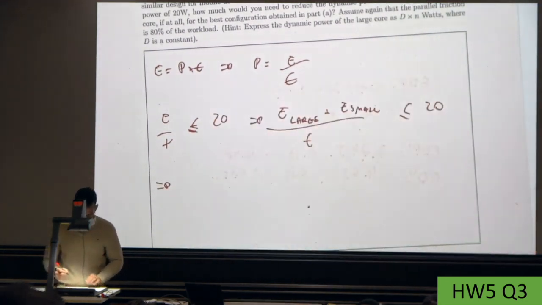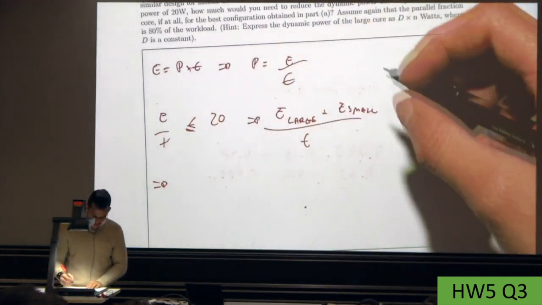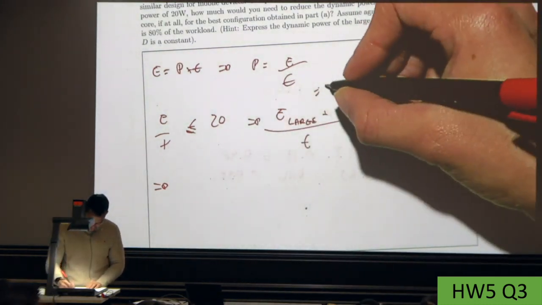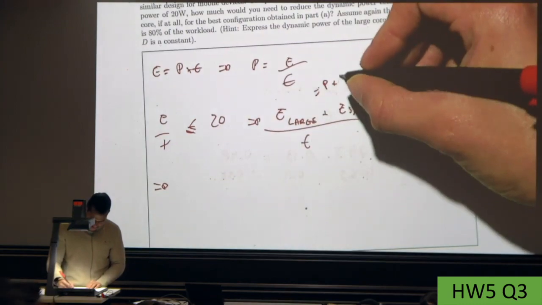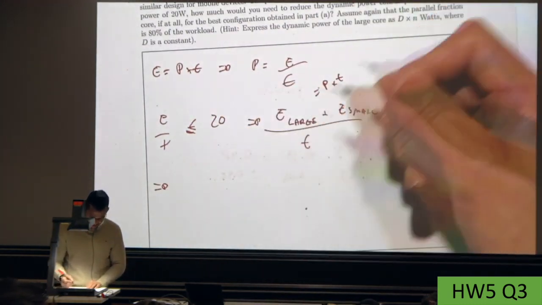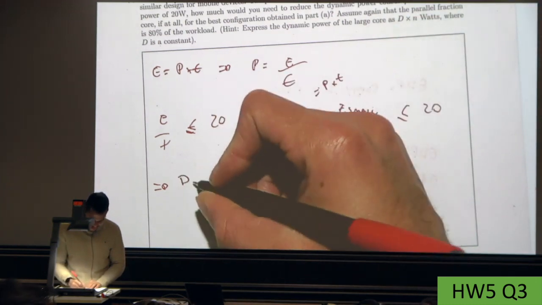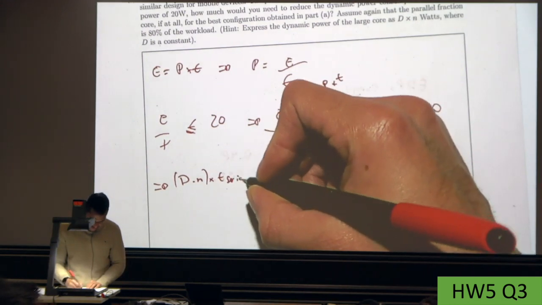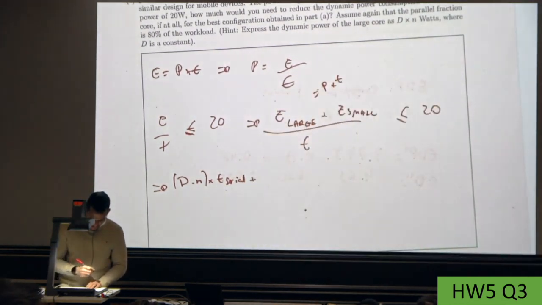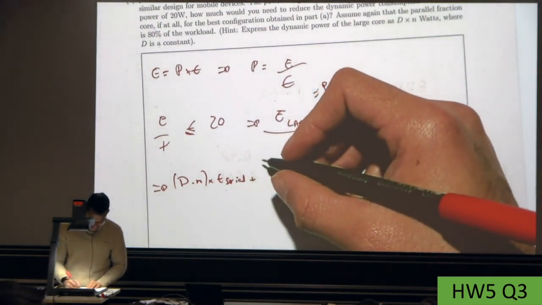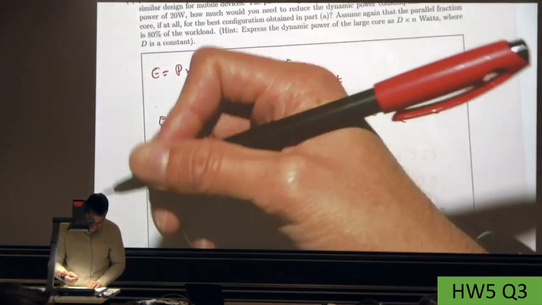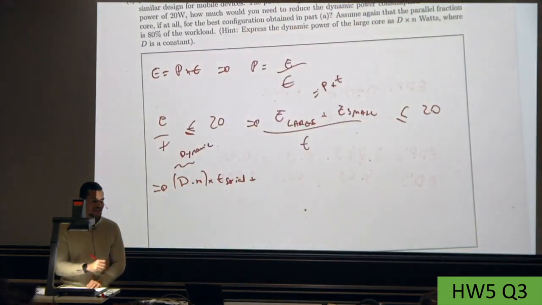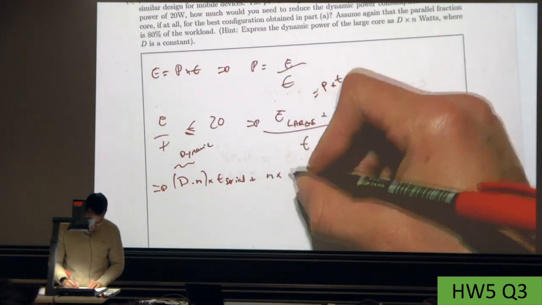This is going to be equal to the power times time, since energy is power times time. So this is the dynamic power for the larger core, that is D, right? Dn, times the time for the serial portion, plus the static power. This is dynamic power. The static power is still the same as before, n, so n times this serial time.